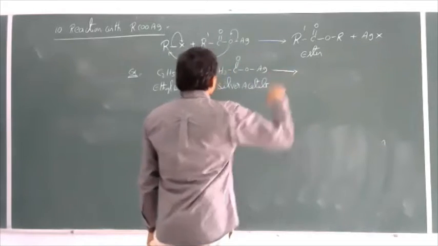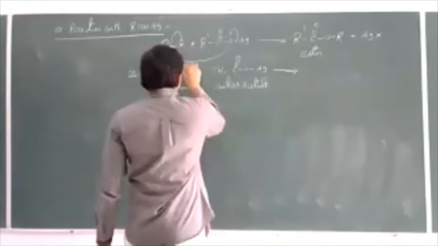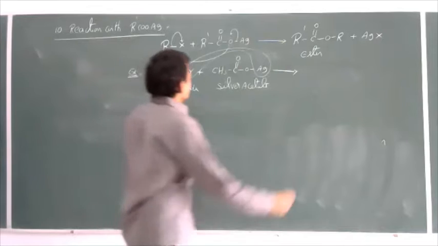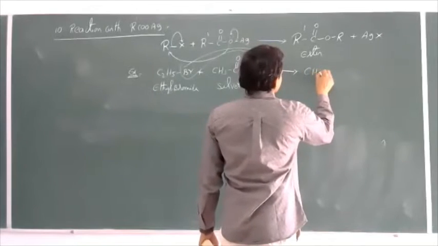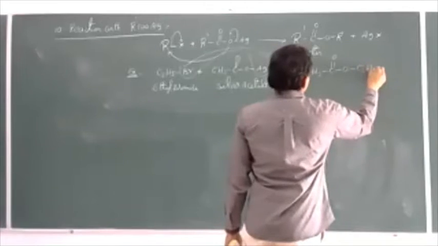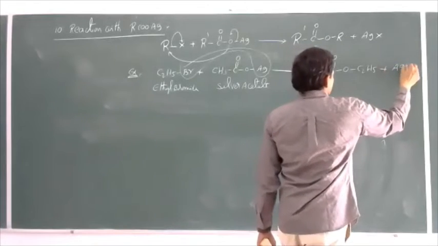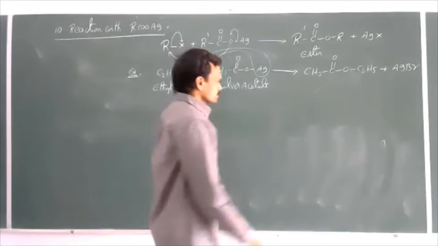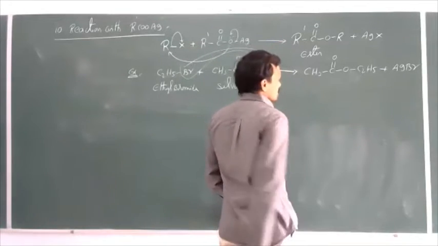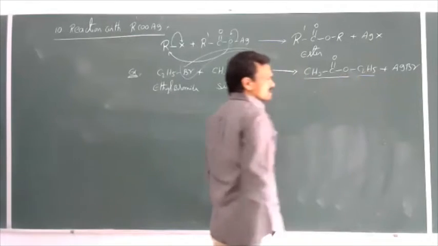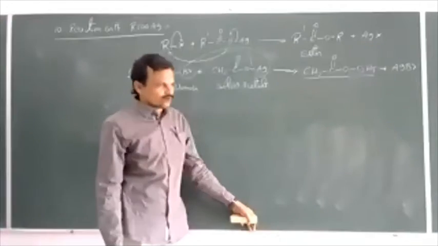Then we can get here this Br minus and Ag plus separate as AgBr, and then we can get CH3COOC2H5 plus AgBr. Then see what is the name of this compound. Esters are named as alkyl alkanoate.